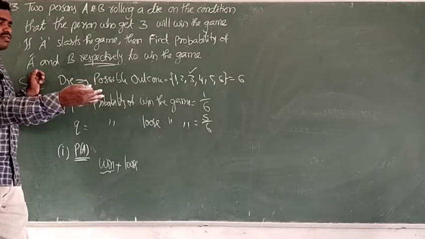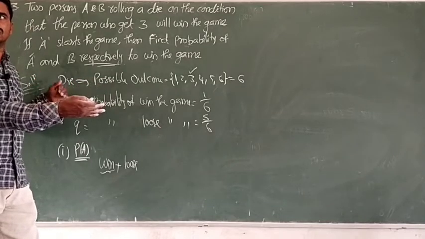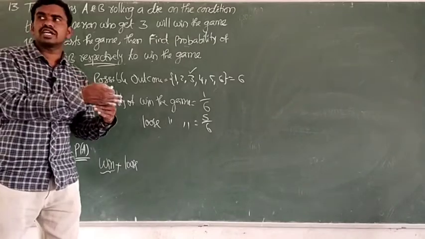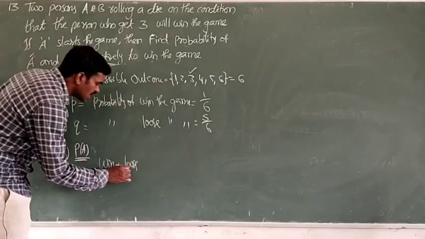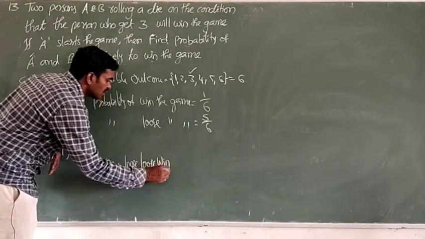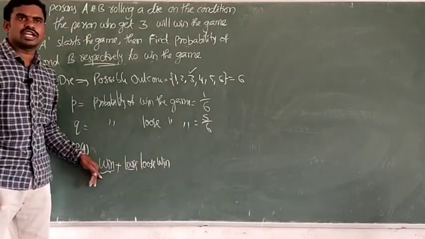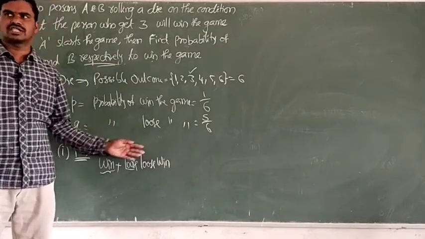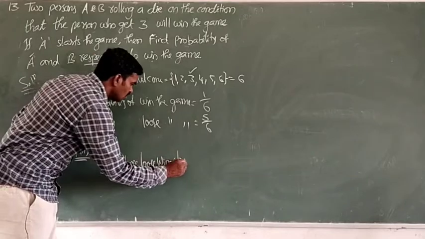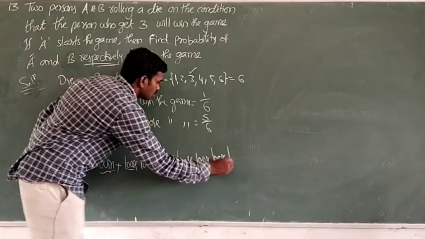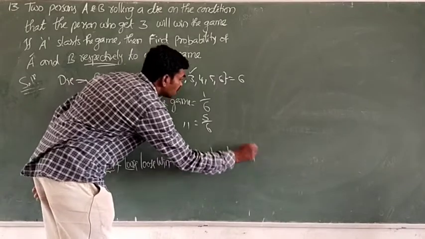So to make A the winner, B also should lose the game. So A loses, B loses, A wins. That means he may win in the first condition, or in the third condition he will get a chance, or in the fifth stage.